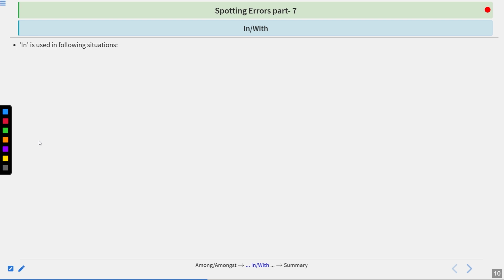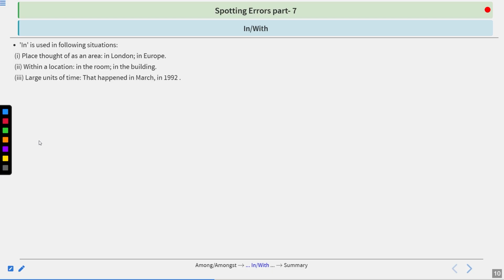In: in is used in the following situations. Place thought of as an area: in London, in Europe. Within a location: in the room, in the building. Large units of time: in March, in 1992.